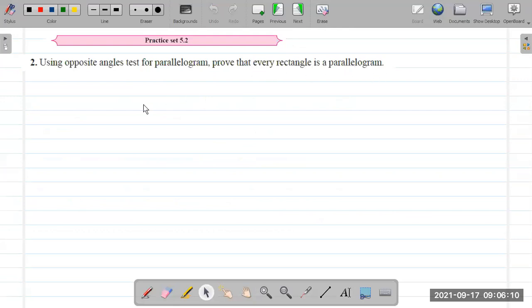Okay. So what are we given here? We are asked to prove that every rectangle is a parallelogram. So this part is to be proved, and this part is given, okay, that it's a rectangle. This is given. So we can start with drawing out a picture first.